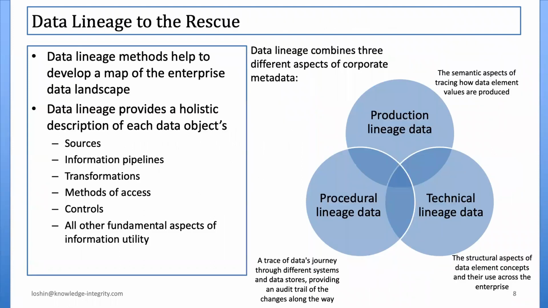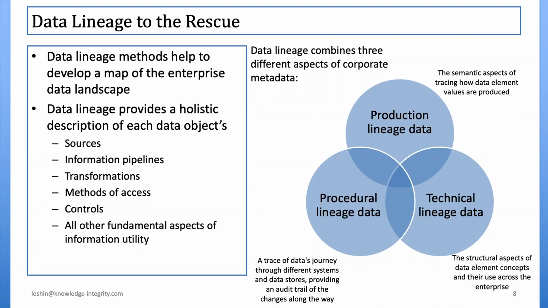If I've got visibility into the procedural lineage, I can look at whether there are any inadvertent delays introduced into the way those data values are being produced. That will let me know whether there's any potential for the introduction of a delay that could impact data freshness or data currency within that process.